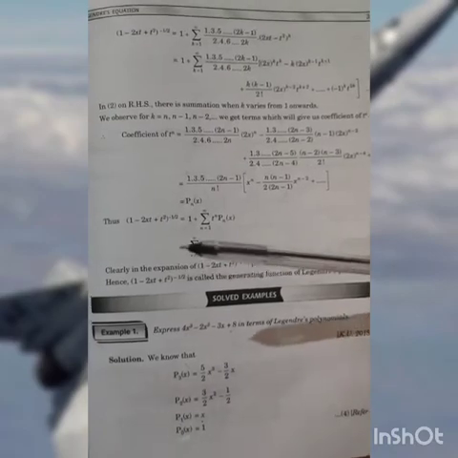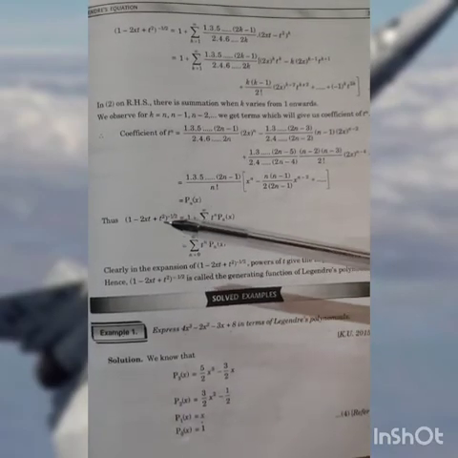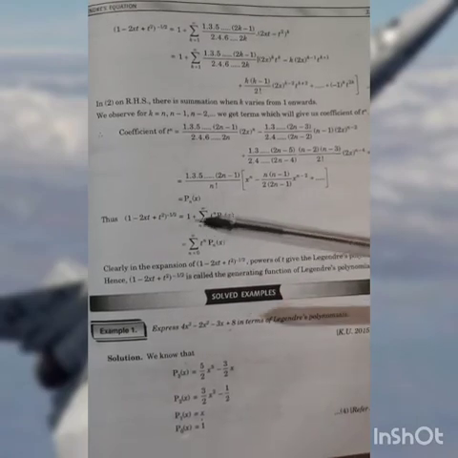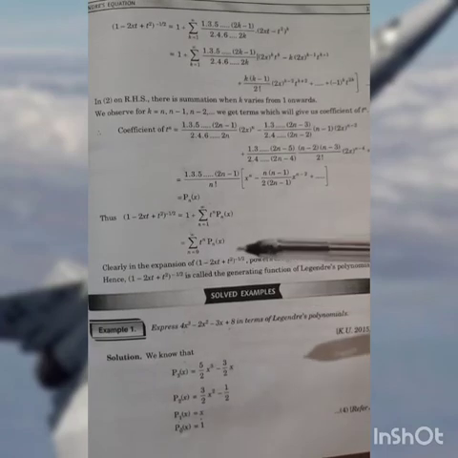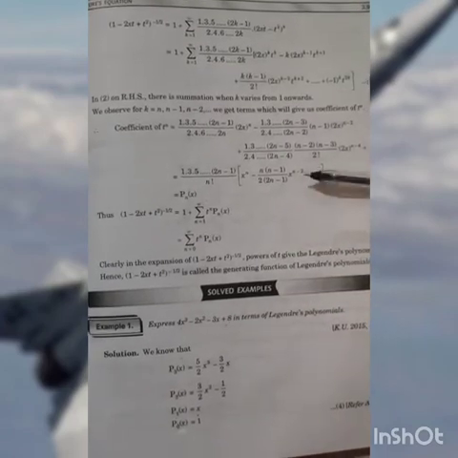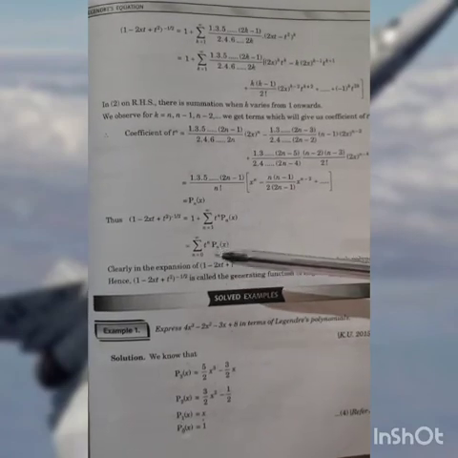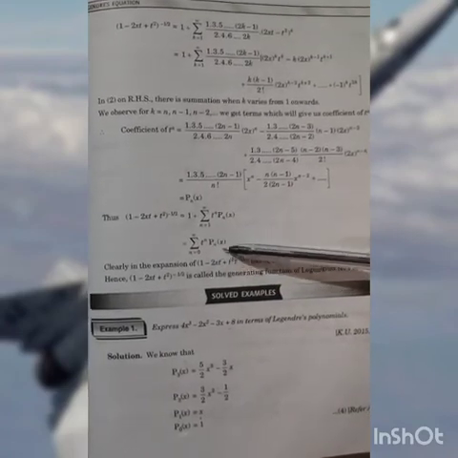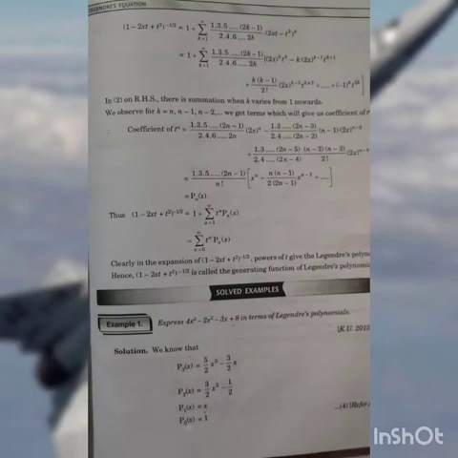So the equation which is satisfied is 1 minus 2xt plus t square raised to the power minus 1 by 2 equals the summation of t raised to the power n Pn of x, from n equals 1 to infinity. We can rewrite it as the summation from n equals 0 to infinity of t raised to the power n Pn of x, as we know that P1 of x gives the result 0.